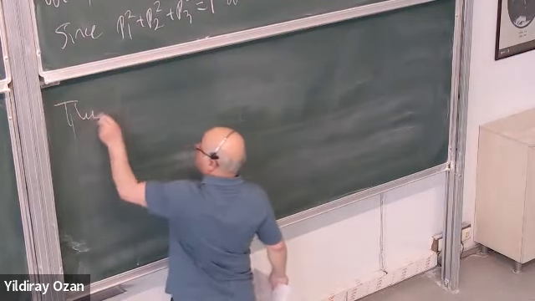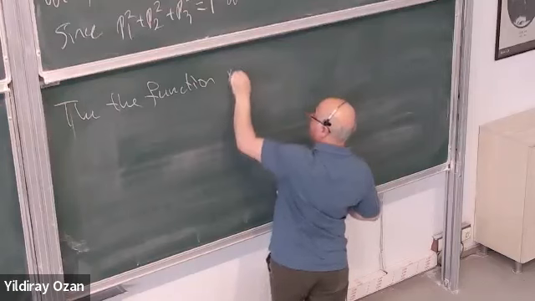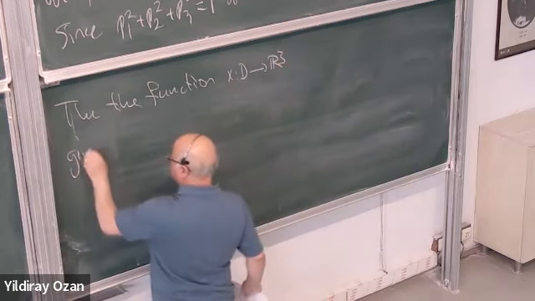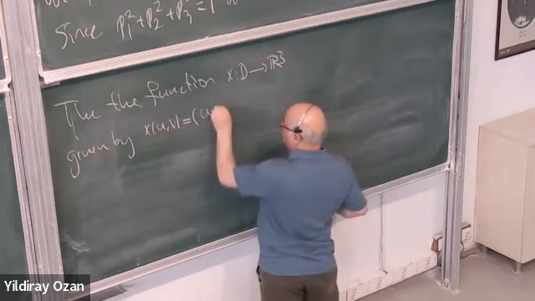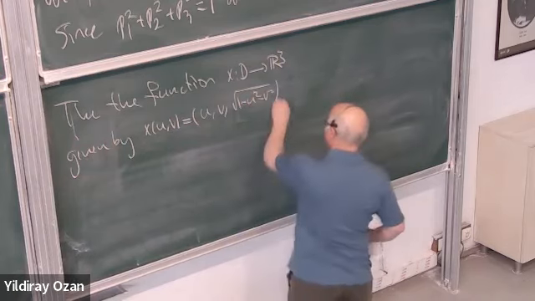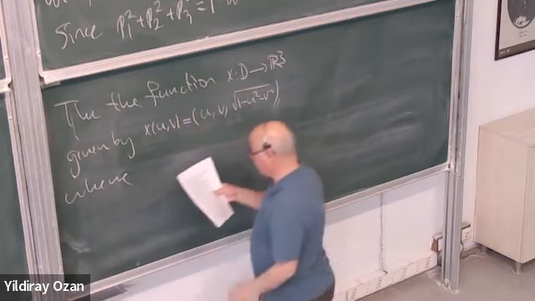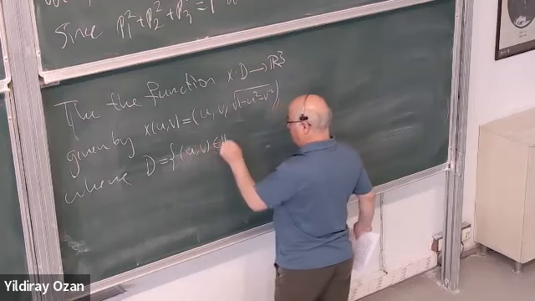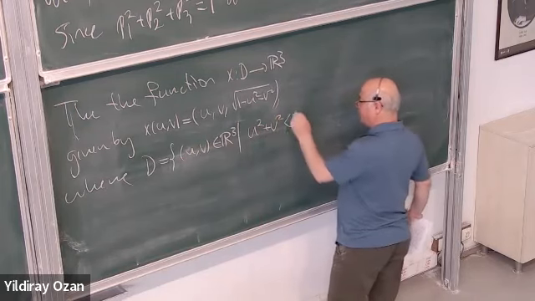Then the function x from D into R3 given by x(u,v) is just (u, v, square root of 1 minus u squared minus v squared), where D has to be an open set in R2, and here is D. (u,v) in R2 so that u squared plus v squared is less than 1.